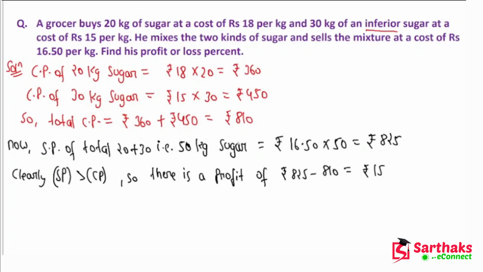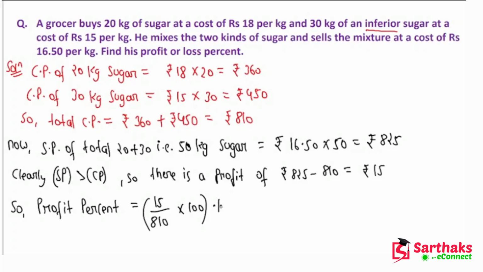Now rupees 15 on what? Rupees 810. So we'll calculate the profit percent. So profit percent is equals to 15 upon 810 into 100%, right?